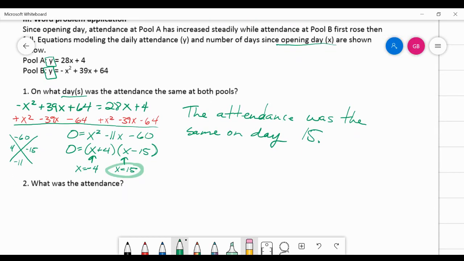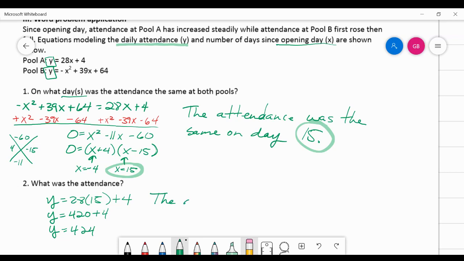And then the second question, what was the attendance? So going back to the question, the daily attendance is the y value. So if I have the x value, I will plug it in to get the y value. So I'm going to plug it into the first equation. y is equal to 28 times 15 plus 4. 28 times 15 is 420, plus 4 is 424.